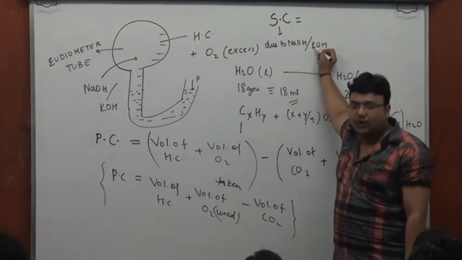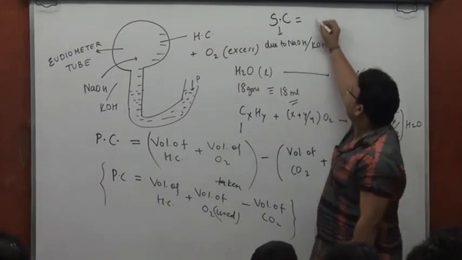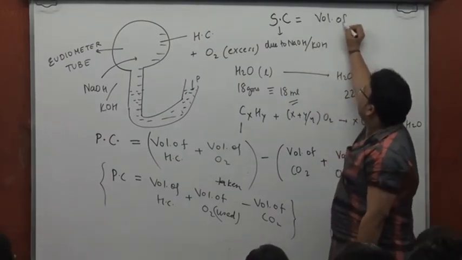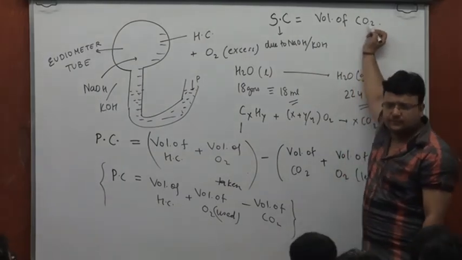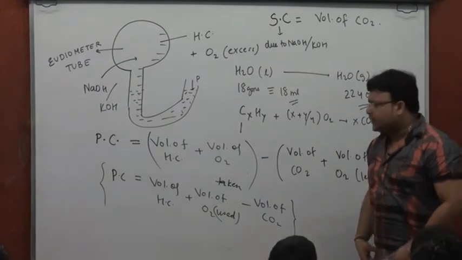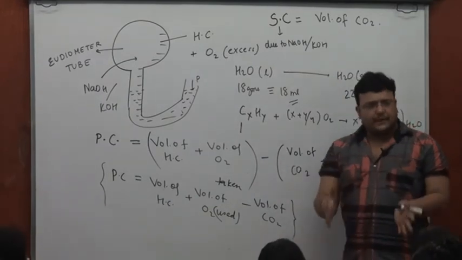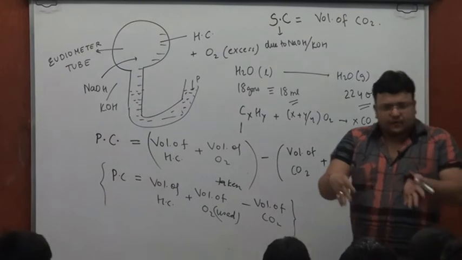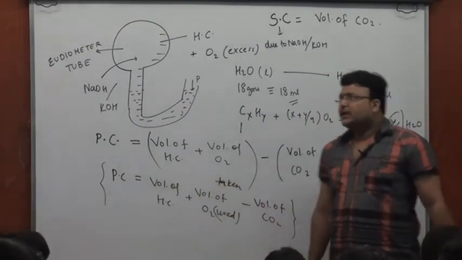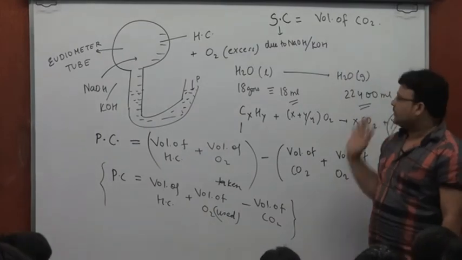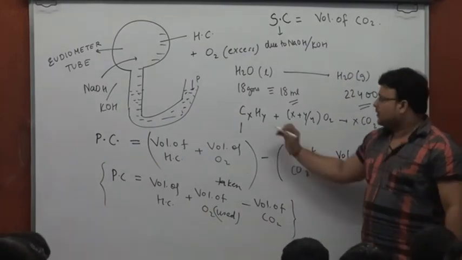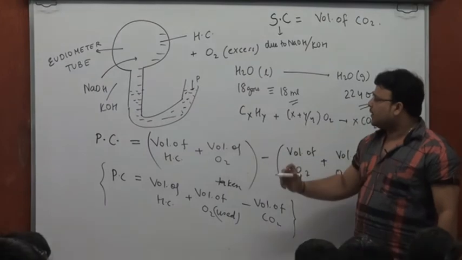This contraction in volume has to be the volume of carbon dioxide which was formed. So maybe you'll want to relate these two results to begin with. Primary contraction is volume of hydrocarbon plus oxygen used minus carbon dioxide formed, and secondary contraction is volume of carbon dioxide formed.